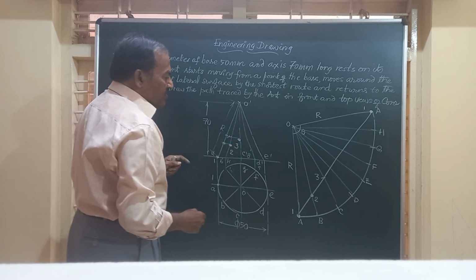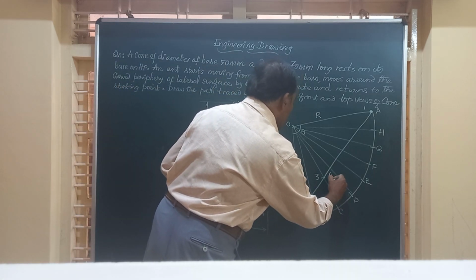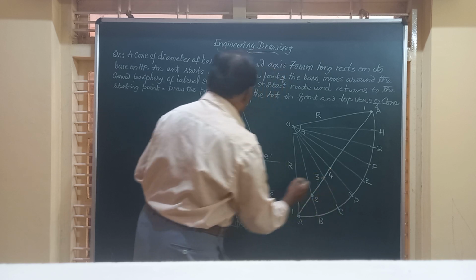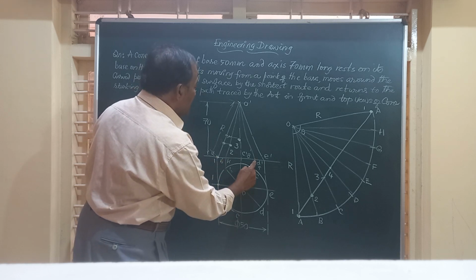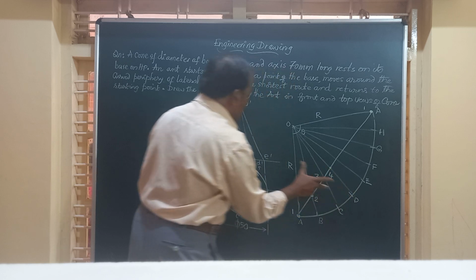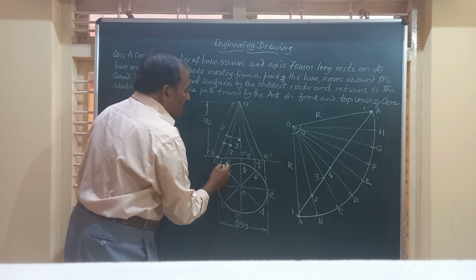Friends, 4 is on OD. 1, 2, 3, 4. Point 4 is on OD. So this is A, B, C, H. D is here. Again, take this measurement on the last generator, either on this OA or on OE.